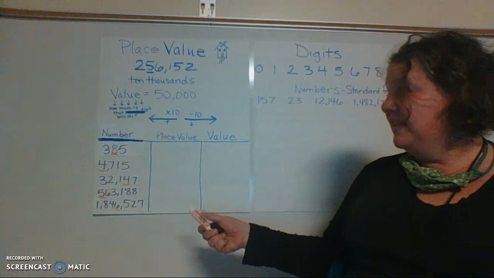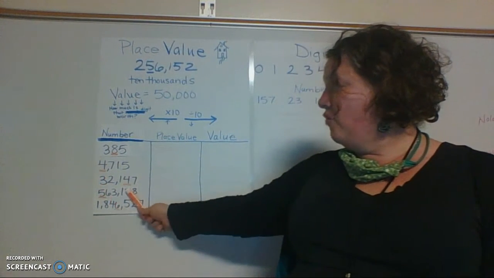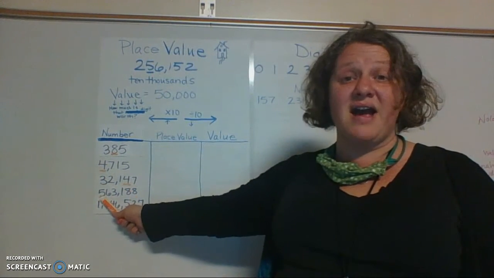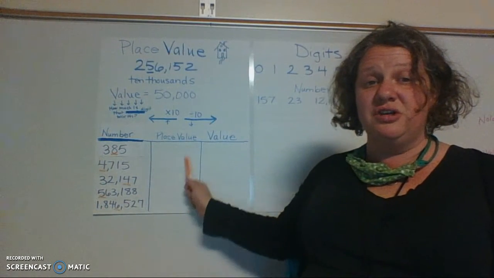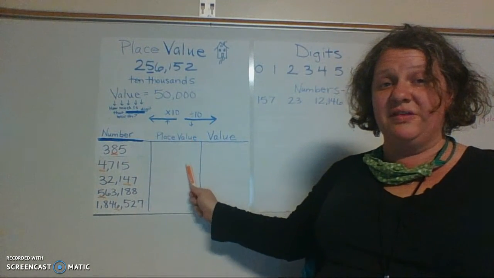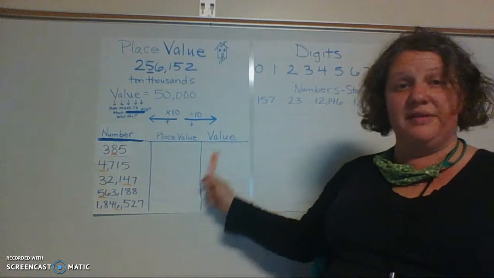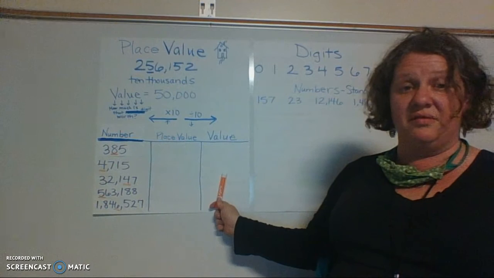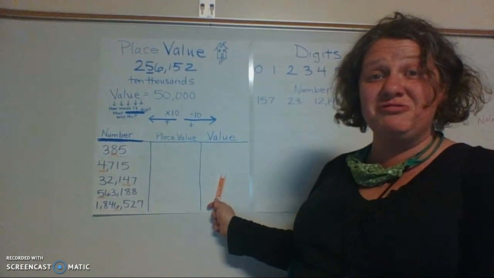Okay? And then underline the 8, the 4, the 4, the 5, and the 6. And then what I'd like you to do is kind of fill in this graph of what's the place value and then what's the value of the number. Okay? So pause your video and do that.